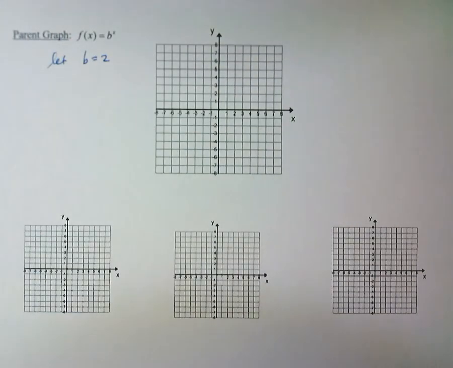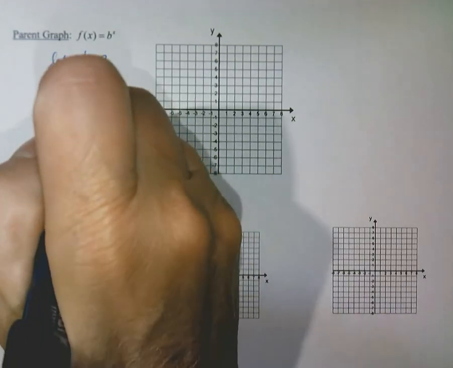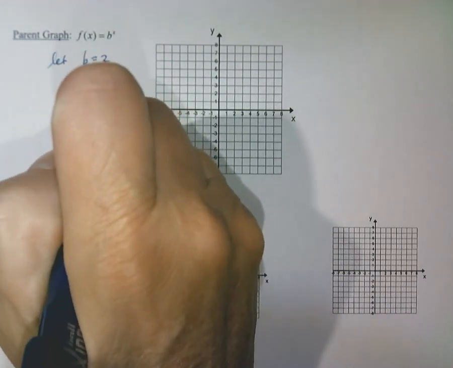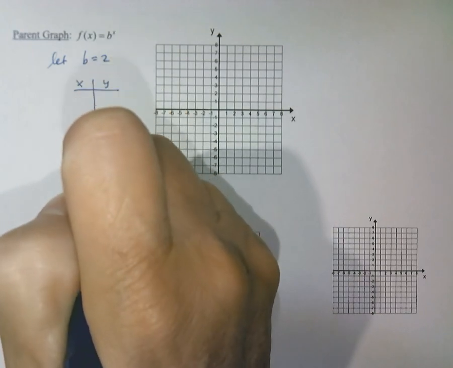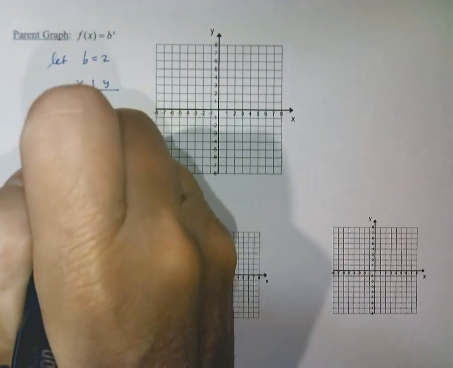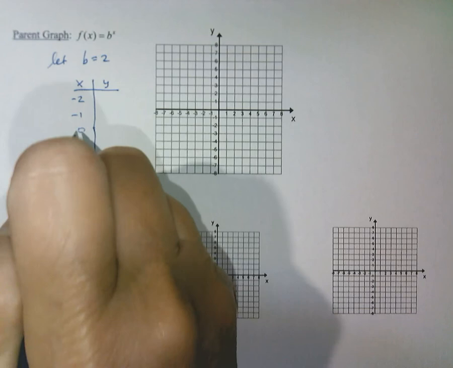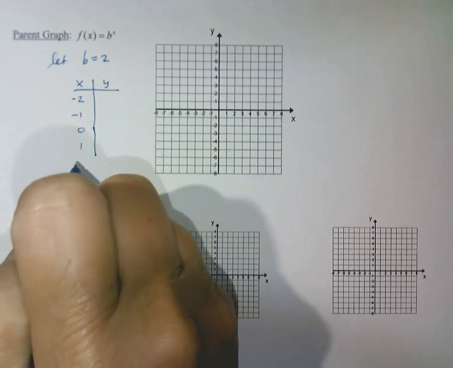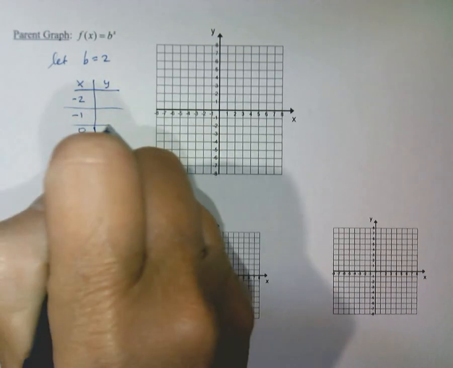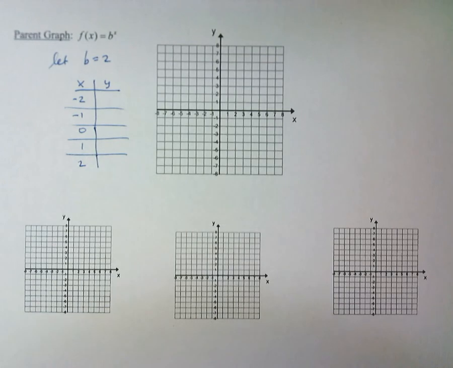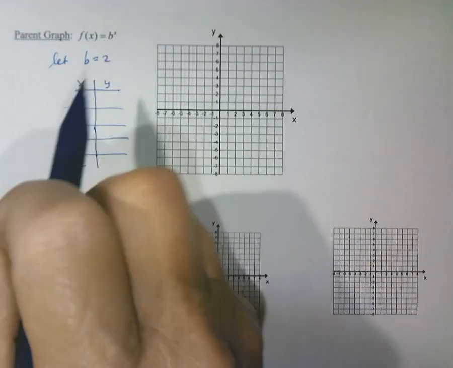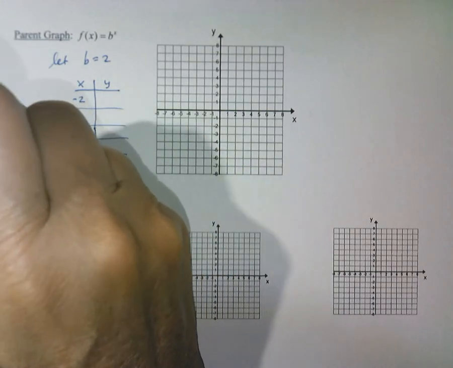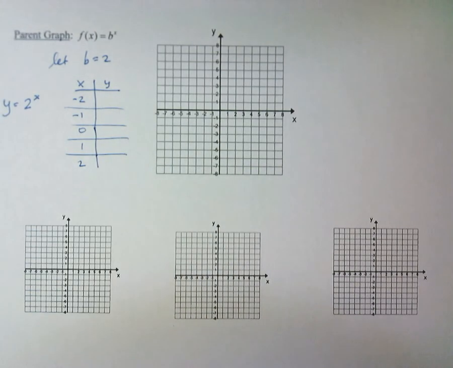The reason I use 2 is just that it's the easiest one to graph. So if I made a table of values, the ones I'm going to choose are -2, -1, 0, 1, and 2. And I'm going to put those into the equation. So y equals 2 to the x power.